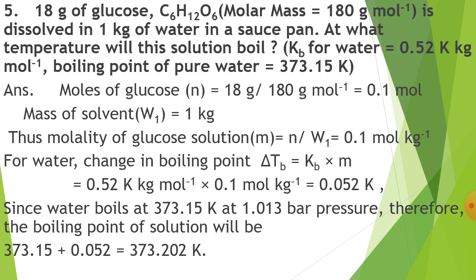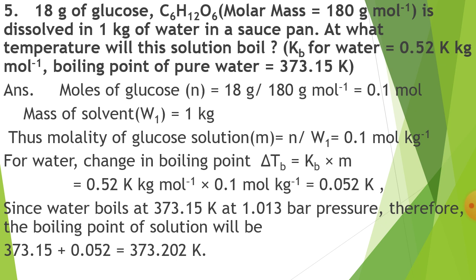Now Kb is given as 0.52 Kelvin kg per mole and molality is 0.1 mole per kg. Here mole cancels mole, kg cancels kg, that's why we get the answer in Kelvin. So delta Tb equal to 0.052 Kelvin.